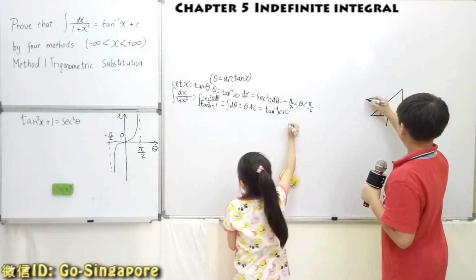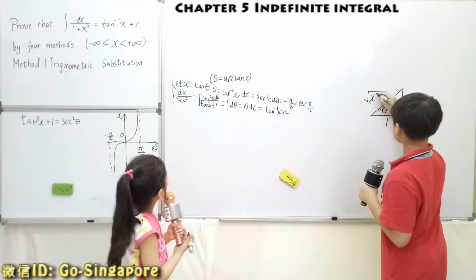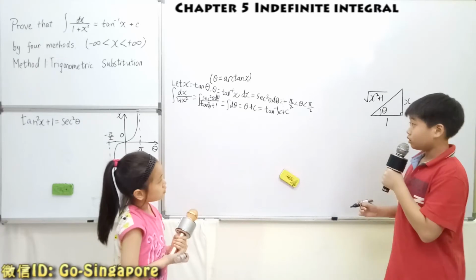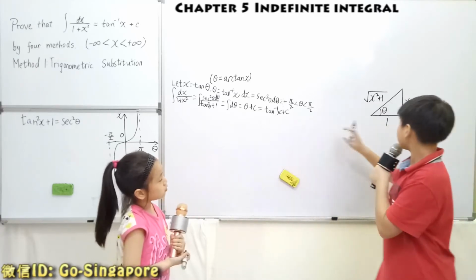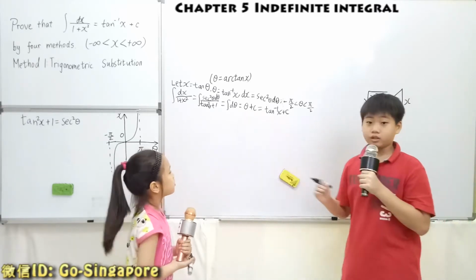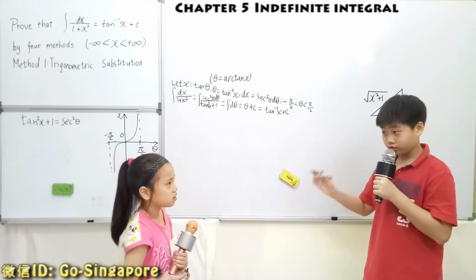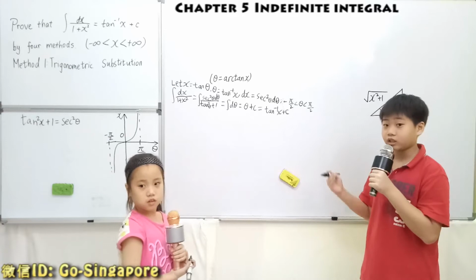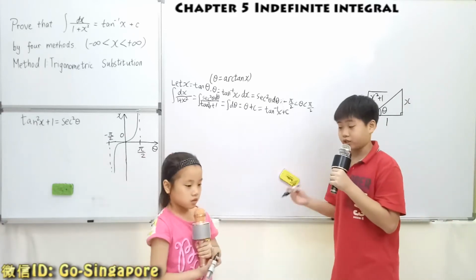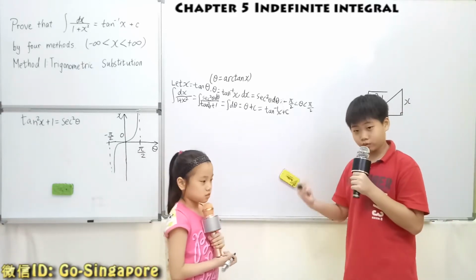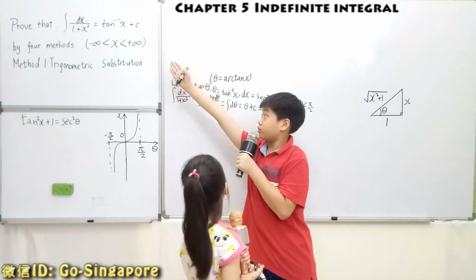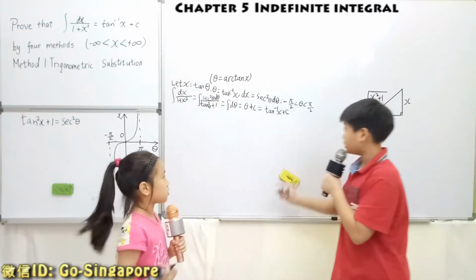Here the theta you can use inverse sine, inverse cosine, inverse tangent, inverse cotangent, inverse secant, and inverse cosecant. There are actually 6 ways of writing it, but because we need to prove the inverse tangent, that is why here we'll use the inverse tangent.